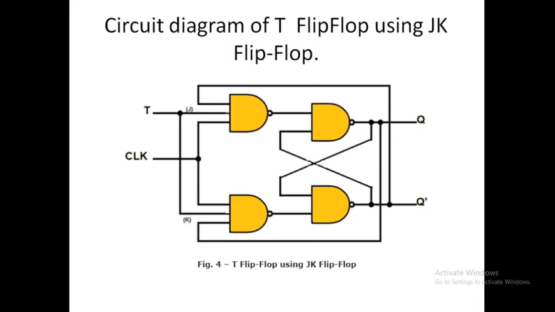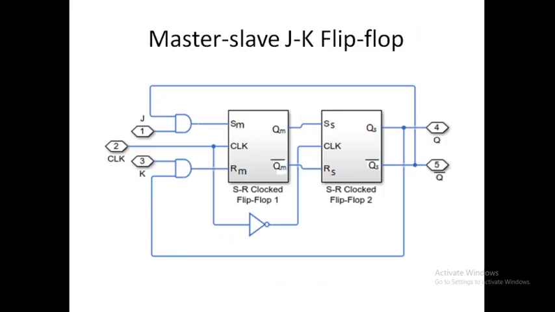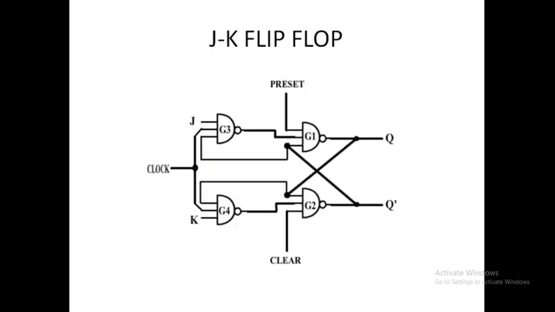So if we remember the JK flip-flop, let us go to the JK flip-flop first. This is a JK flip-flop where J and K are independent. Preset and clear is nothing but recall or initial memory stored.